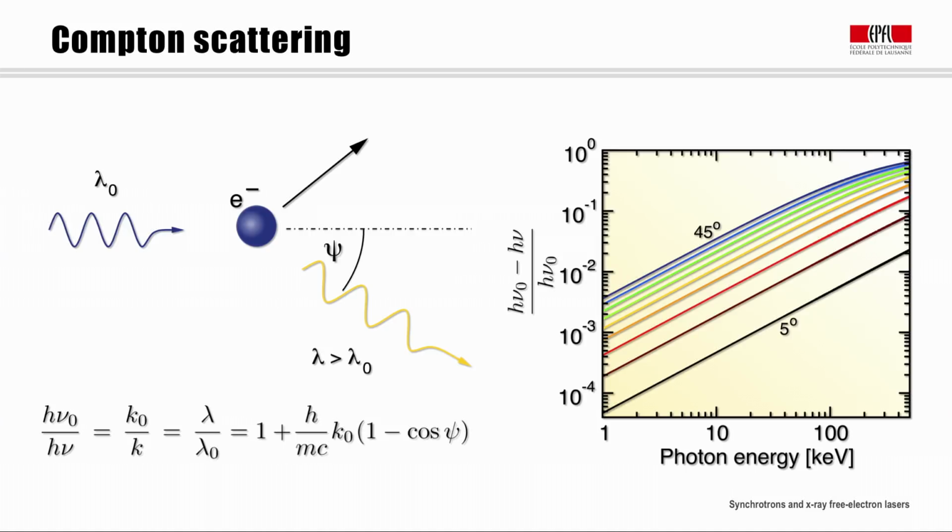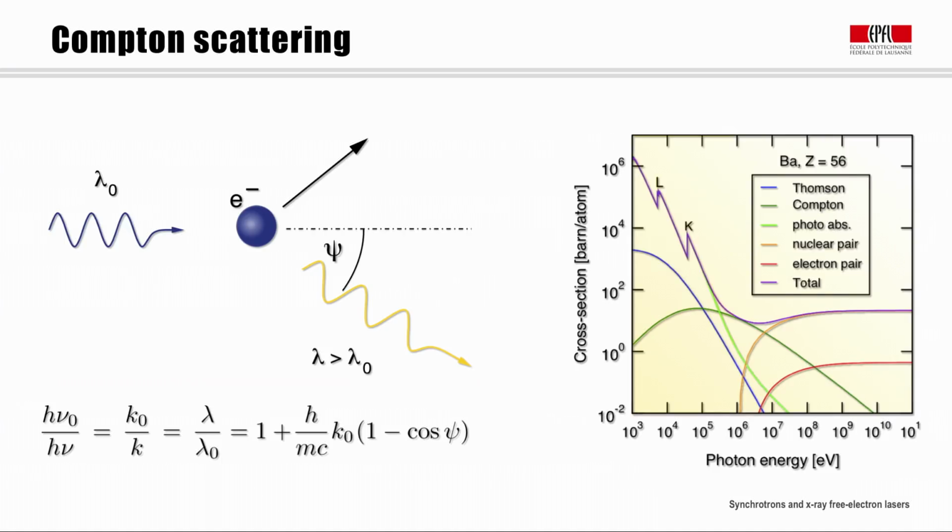The cluster of constants h upon mc is equal to 0.0243 angstroms. The relative energy loss therefore only becomes significant above a few tens of kiloelectron volts and for large angles psi, as can be clearly seen in the graph to the right.